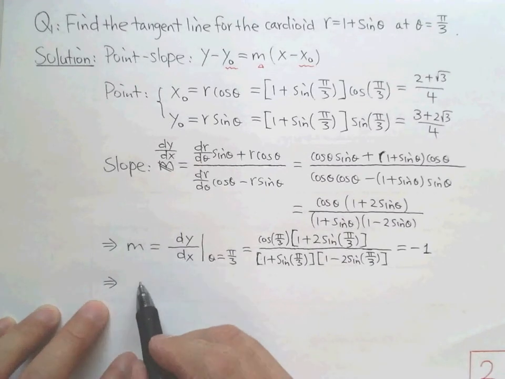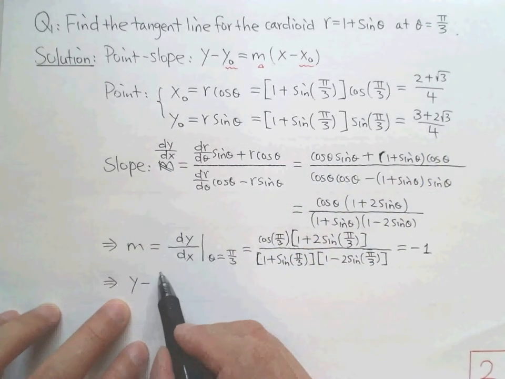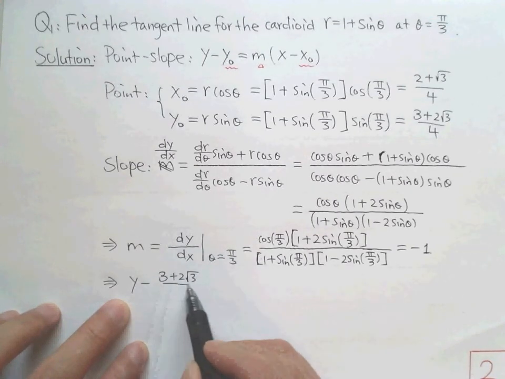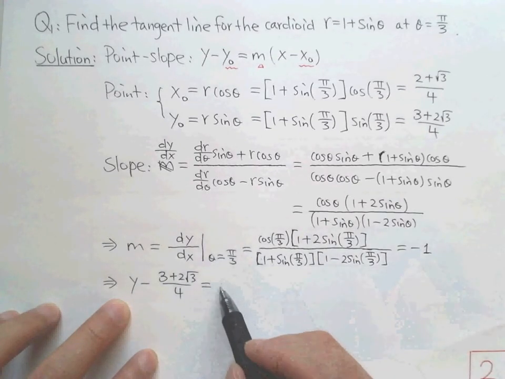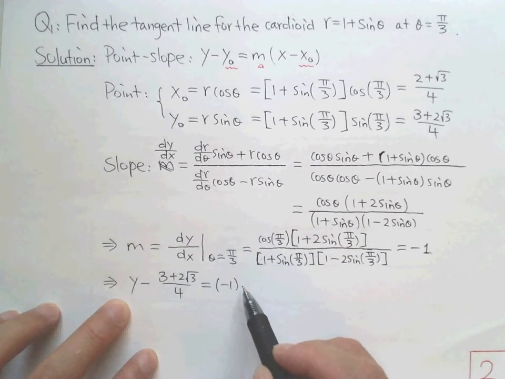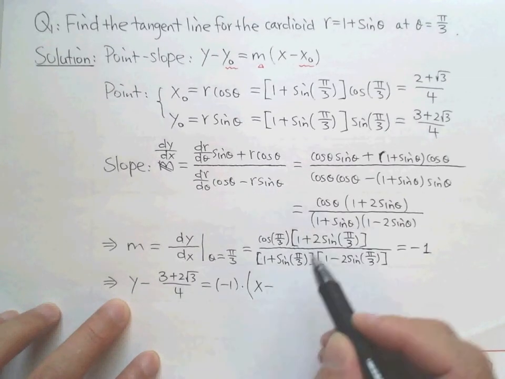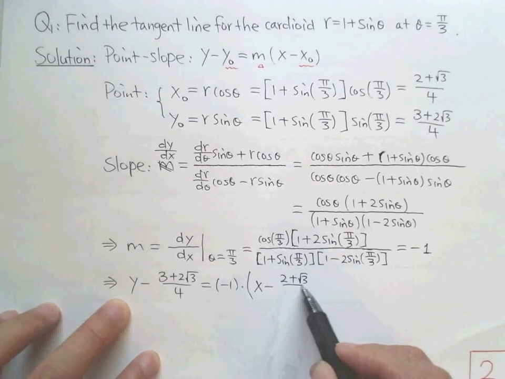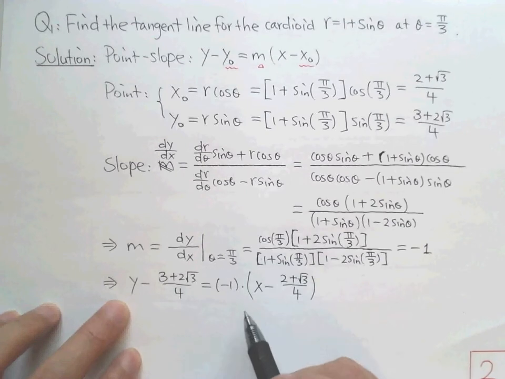What do I get? So now I get y minus y0, which is 3 plus 2 times square root of 3 over 4, equals m, which is -1, so I put the -1 here, times x minus x0, that number, 2 plus square root of 3 over 4.